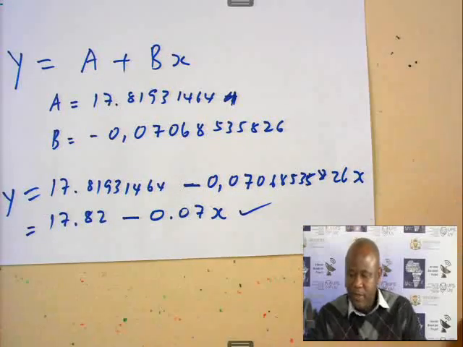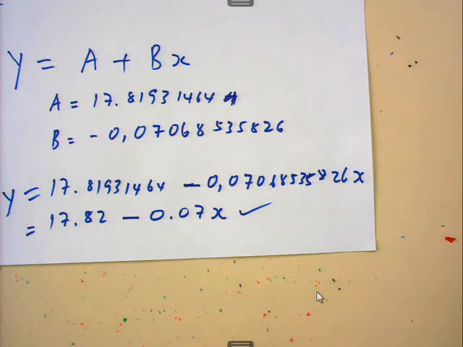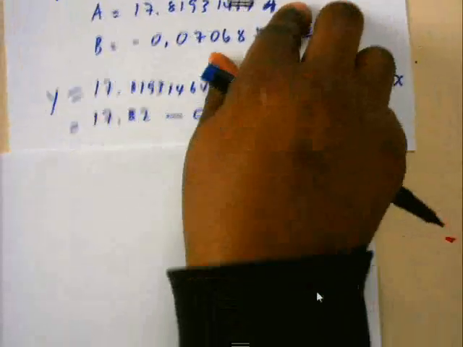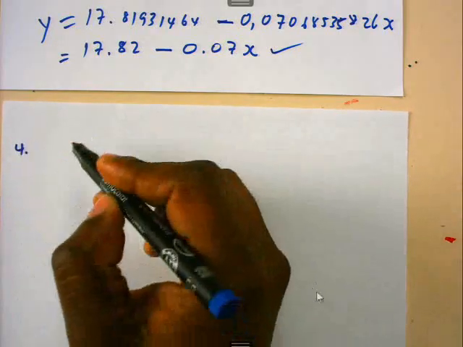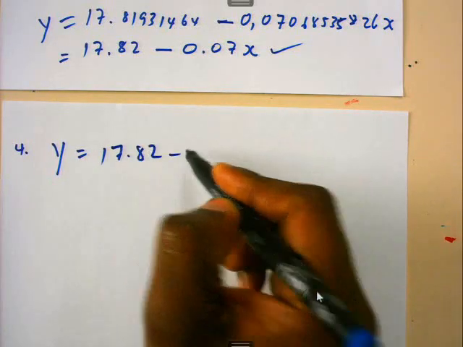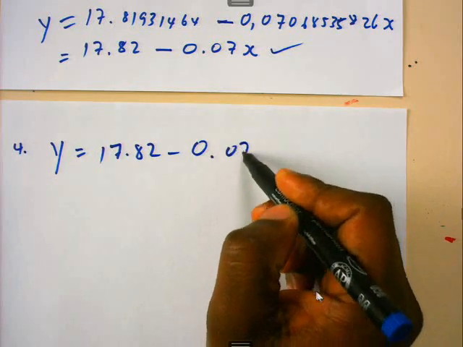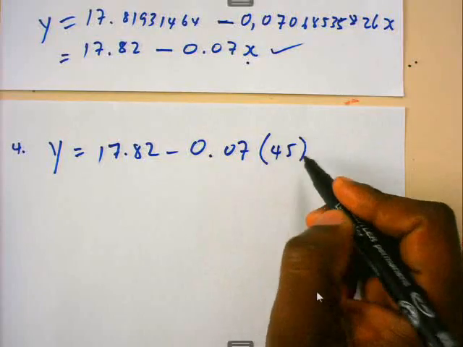So when you predict for that athlete, y is equal to 17.82 minus 0.07. Now our x here is how much? 45 days. Do you see that?